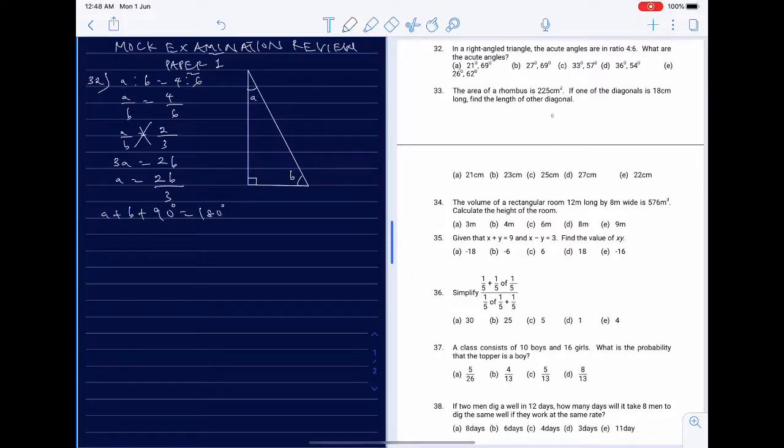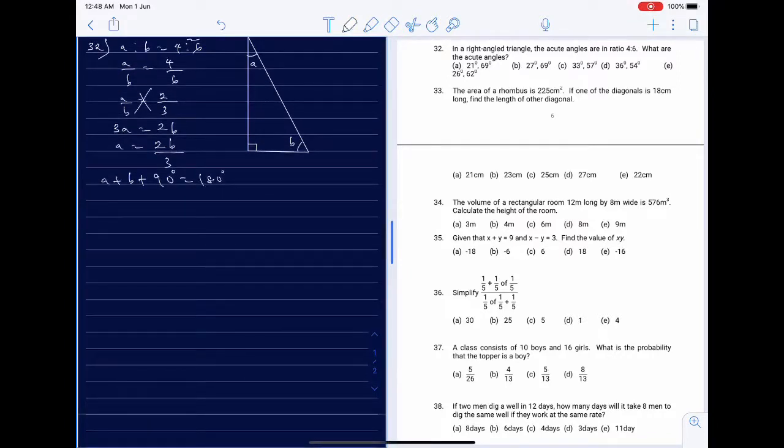That's the sum of angles in a triangle. That means A plus B equals 180 minus 90, which means A plus B equals 90. But we know that A is 2B over 3. So I'm writing 2B over 3 instead of A. That means 2B over 3 plus B equals 90.